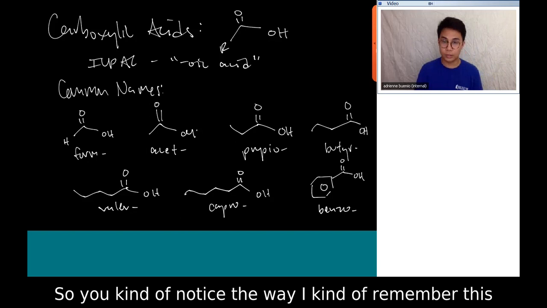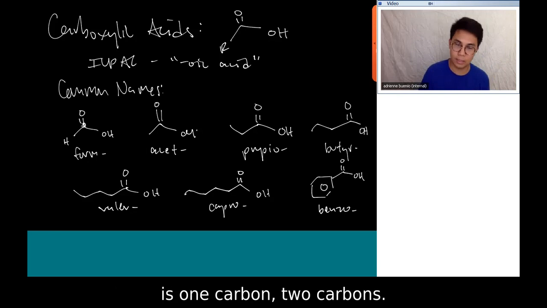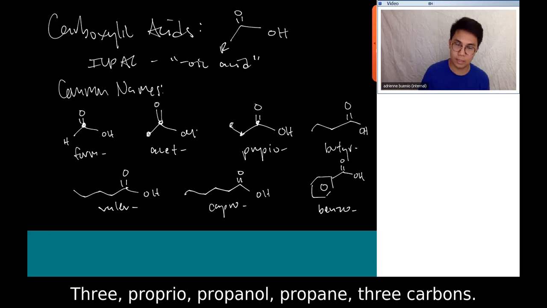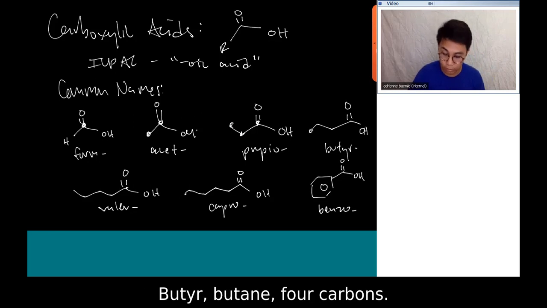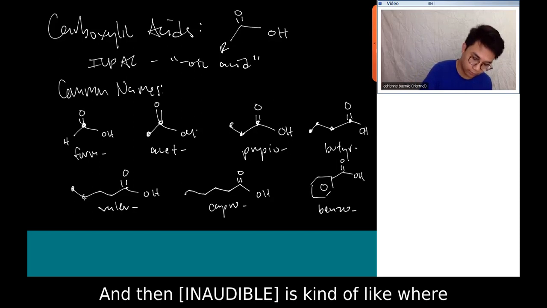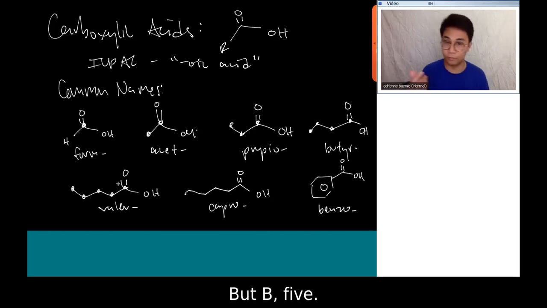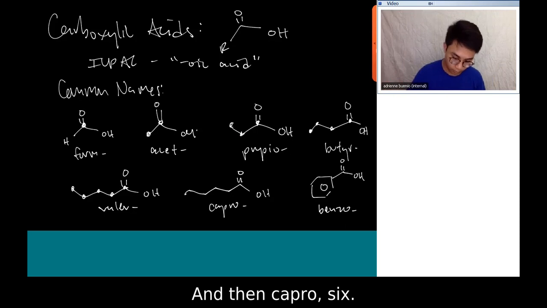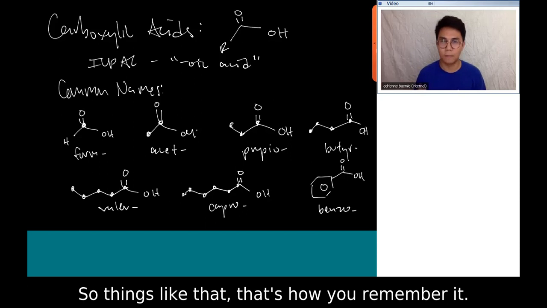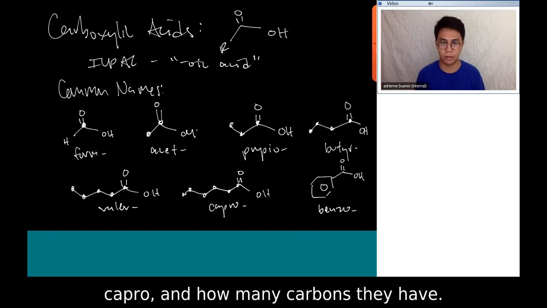The way I remember this is 1 carbon, 2 carbon, 3 propio, right? Propanol, propane, 3 carbons. Butyr, butane, 4 carbons. Then valer is where it gets weird, but that's 5. And then capro, 6. That's how I remember it: formic, acetic, propio, butyr, valeric, capro, and how many carbons they have.